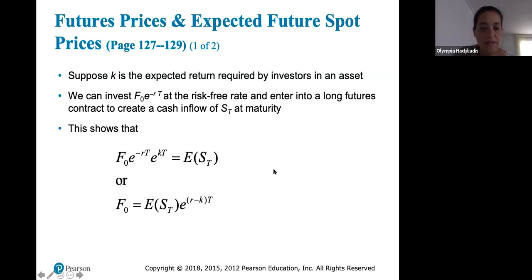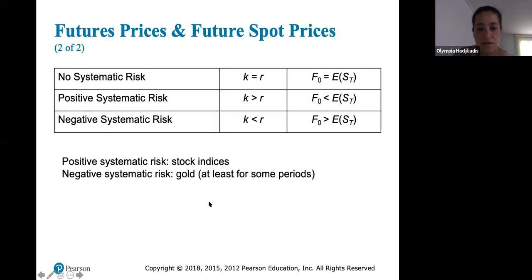This shows that F0 e to the minus RT times e to the KT should equal the expected value of ST, or F0 should equal the expected value of ST e to the R minus K times T. So if you want no systematic risk, then K should equal R and F0 should equal the expected ST.